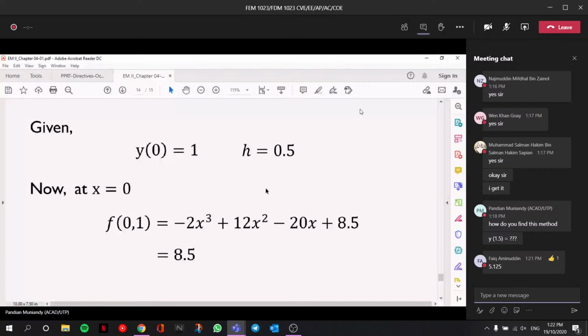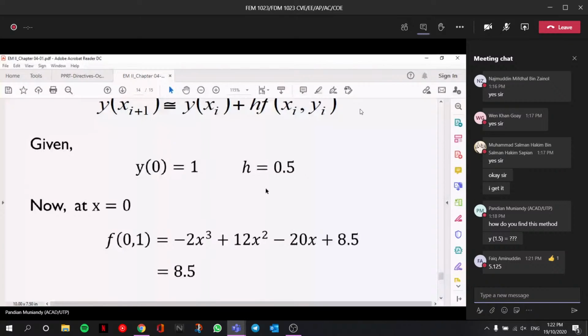So minus 2 x1. So minus 2 multiply 1 plus 12 multiply 1 squared minus 20 multiply 1 plus 8.5. So you have minus 2 plus 12 minus 20 plus 8.5.